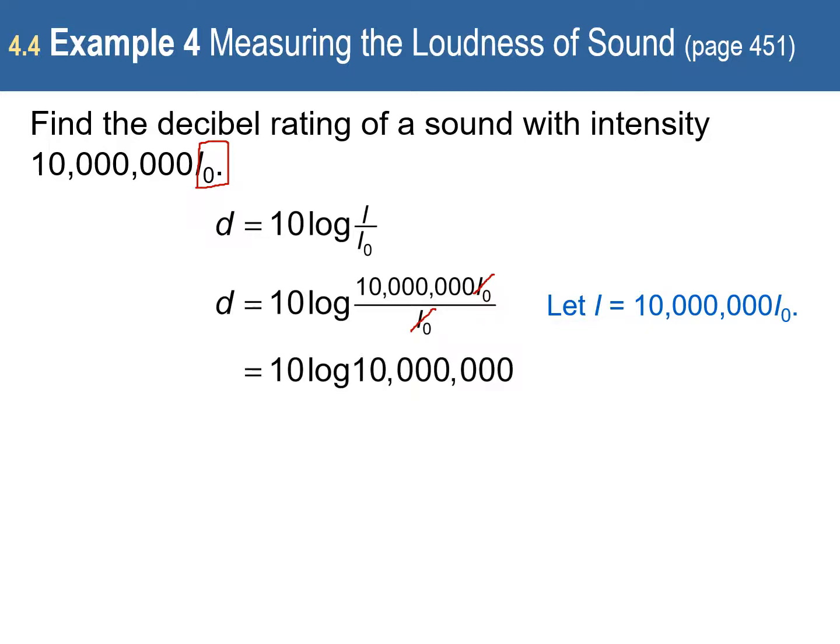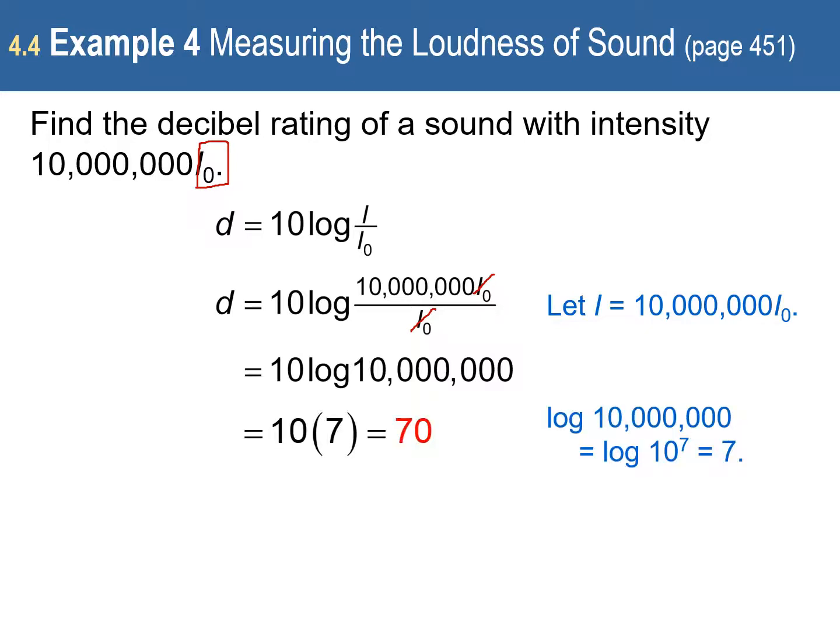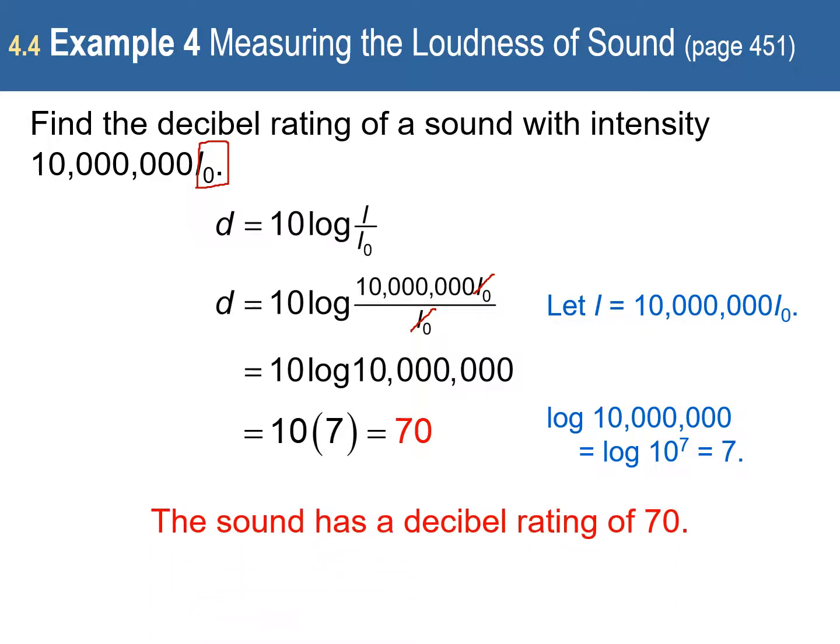So you're going to have 10 times the log of a really big number. So that has 7 zeros. So that's 10 times 7 or 70. So this sound has a decibel rating of 70.